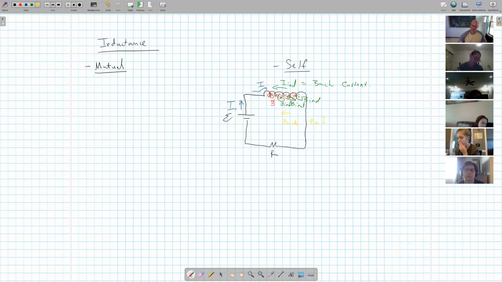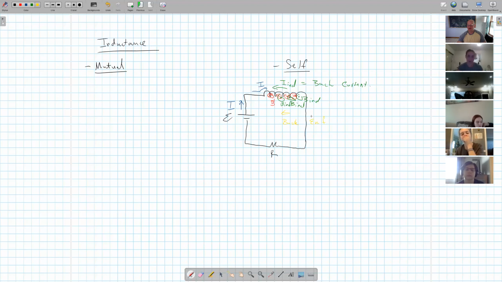So basically what happens is this current is trying to move through in this direction, but it is inducing a current in the opposite direction. That means the sum total current moving through this inductor, or the solenoid, and throughout the rest of the circuit, is going to increase over time as opposed to going from 0 to maximum instantaneously.